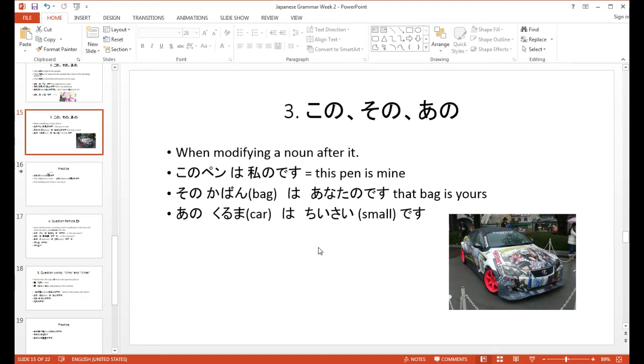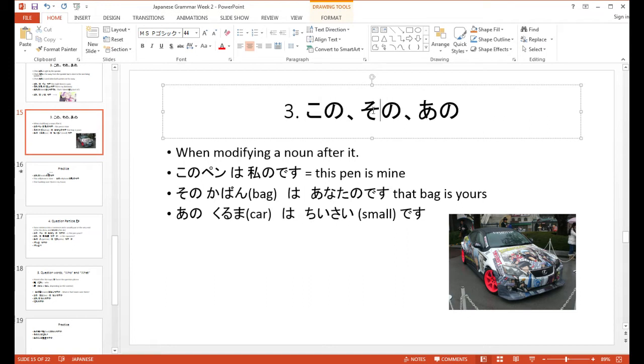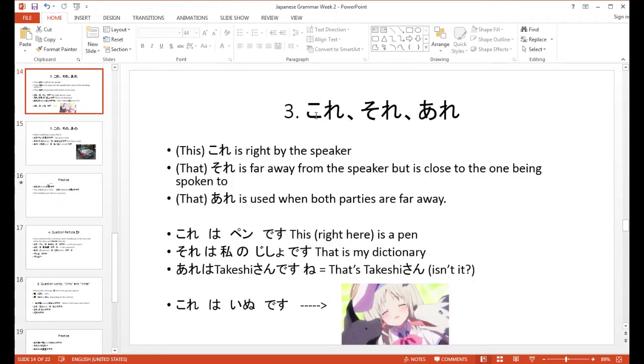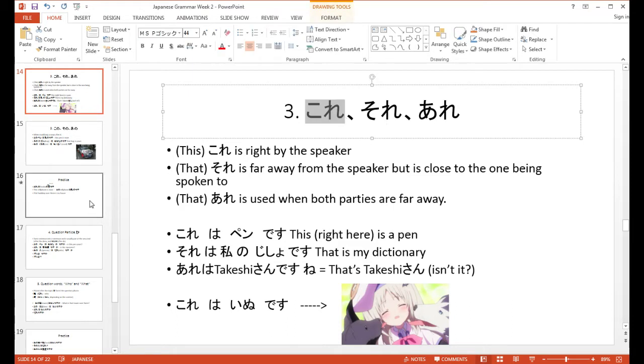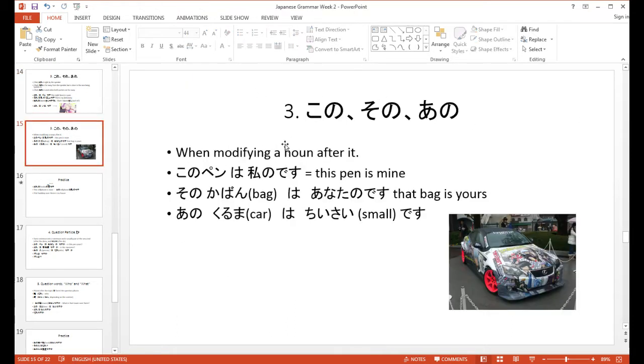Now if you are modifying another noun, so you say this pen, or that book, or that bank, that woman, then you will have kono, sono, and ano. So again, before it's r, right? So kore, sore, are. This one is kono, sono, ano.